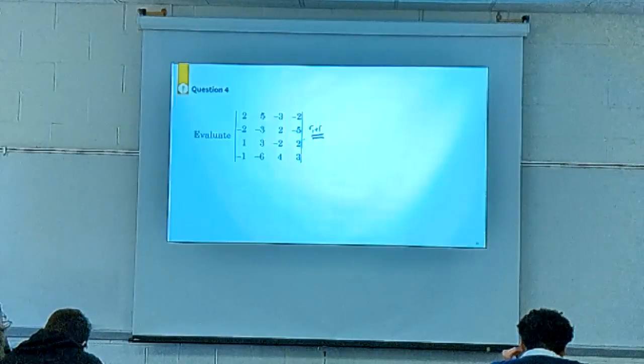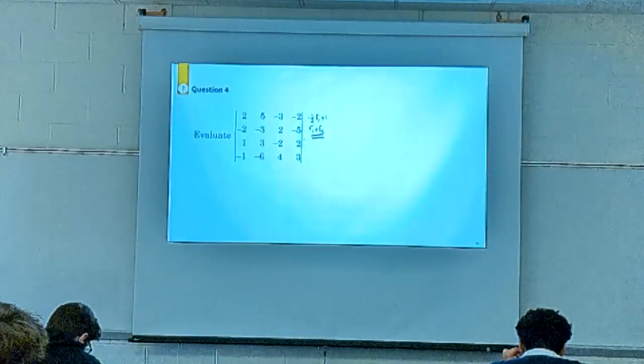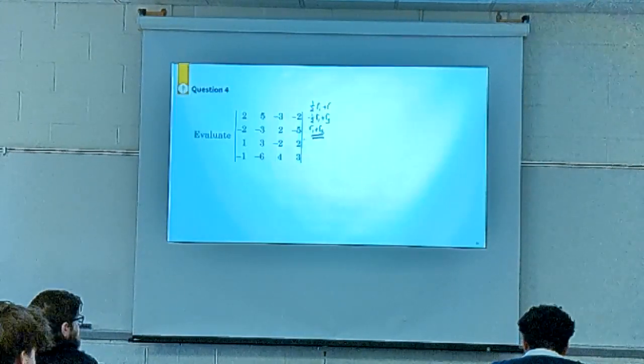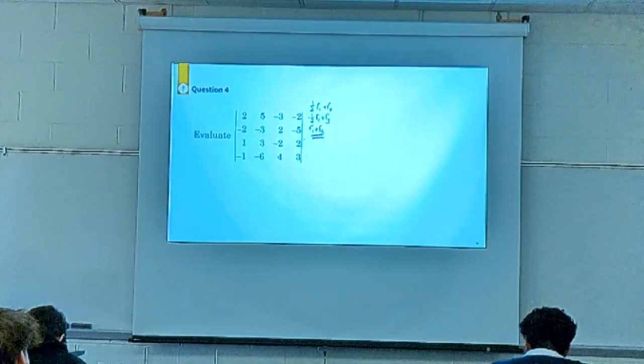Row 1 plus row 2. Negative a half row 1 plus row 3, and then a half row 1 plus row 4. That should zero out that first column, right?